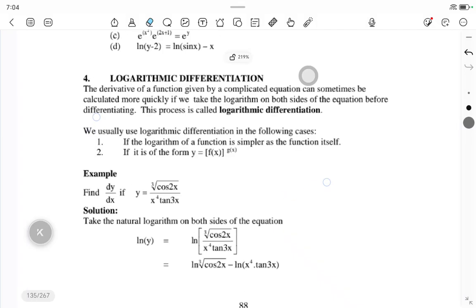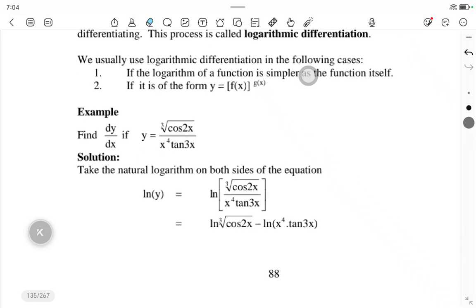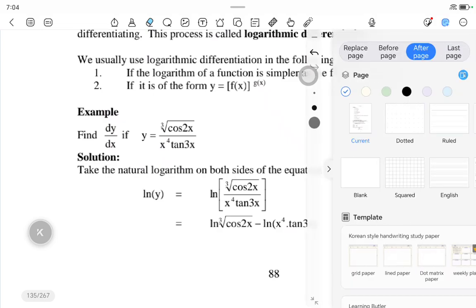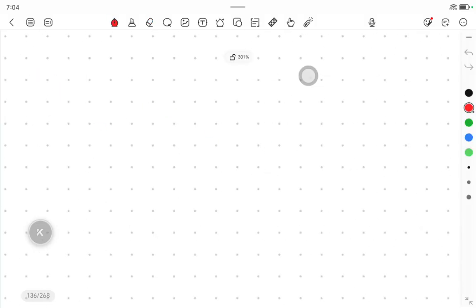If we look at the first example, they say we should find dy over dx if y is equal to the cubic root of cos 2x over x to the 4 tan 3x. What we're going to do first is introduce ln on both sides. To better explain this, I can write the question here and explain it step by step.